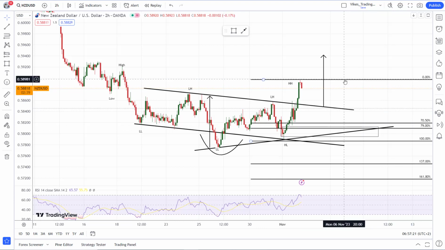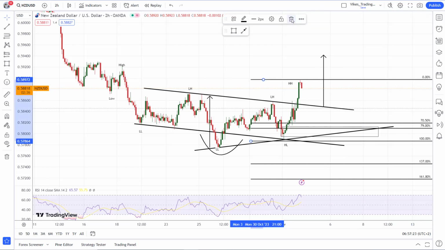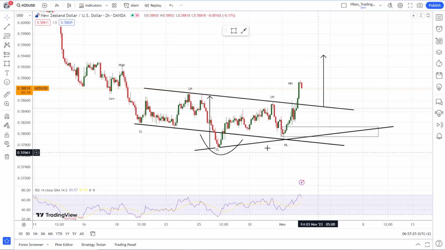So in the first scenario, I'll be expecting to scale into a small position around here. If it moves, it will be fine, but then our stop loss will be around here, which is almost around 1:1.